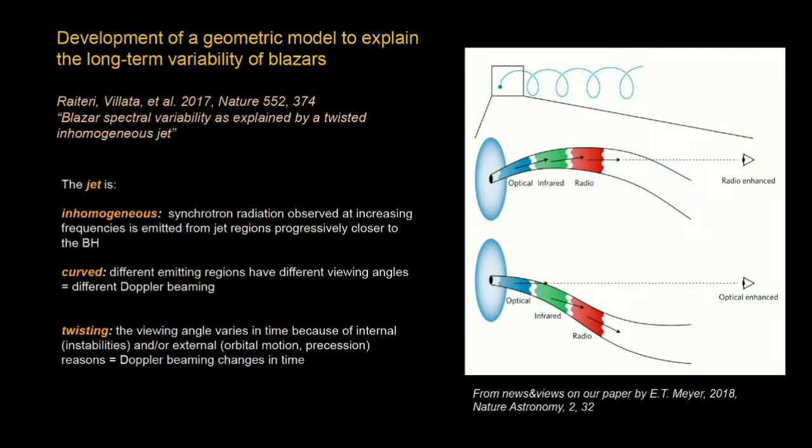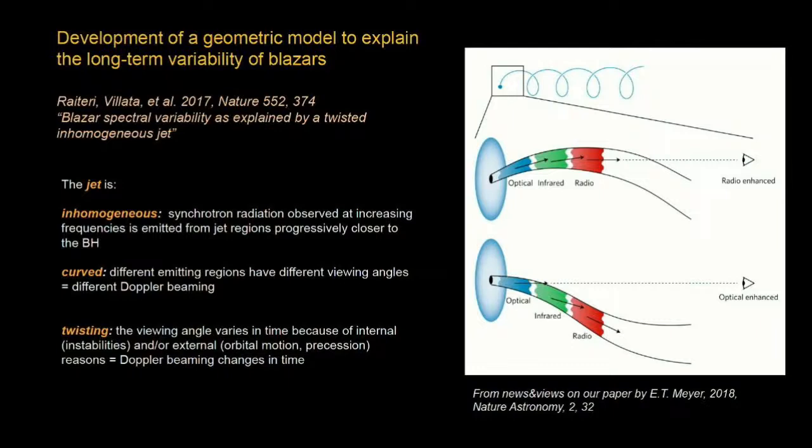Then our jet is curved, which means the different regions have different viewing angles, and so they undergo different Doppler beaming. And finally, the jet is twisting, which means that this viewing angle varies in time.